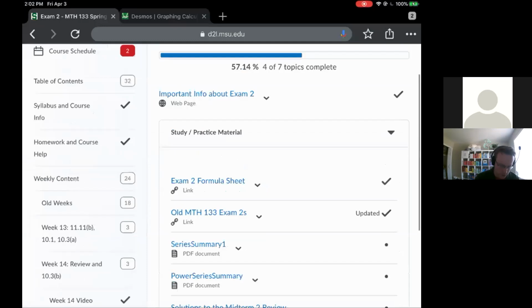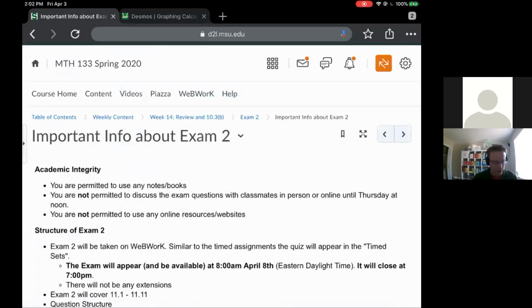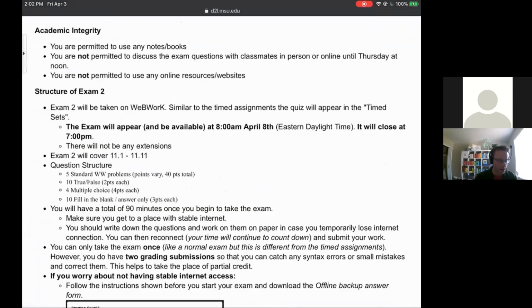But I wanted to click on here, because right before our class today, we got some more nice information that we can share about the exam. It's a 90-minute exam, similar to the structure of the original exam 1 and what we had planned for exam 2. You do have a long period in order to take the exam, but it's not all day.